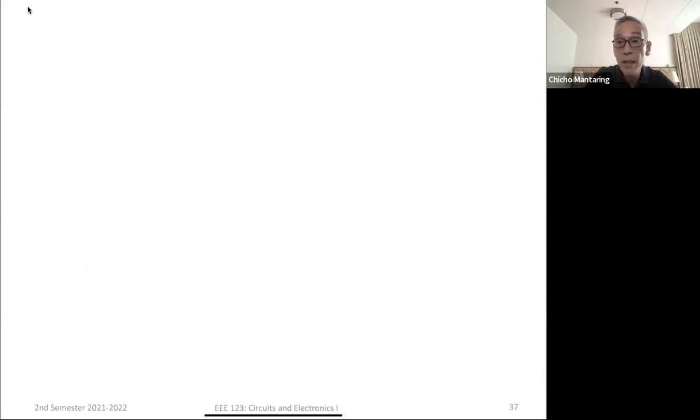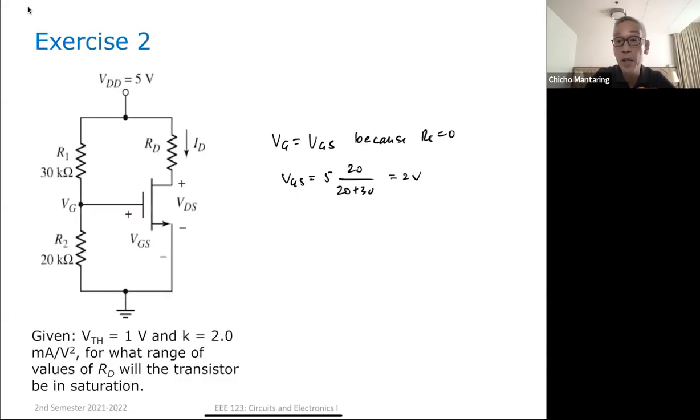So that's all that I think effectively covers everything that you need to know about MOS transistors for EEE 1, 2, 3. We're not going to go deeper into MOS transistors than this. In EEE 131, I mentioned this last Tuesday, you're going to do more exercises with PMOS.